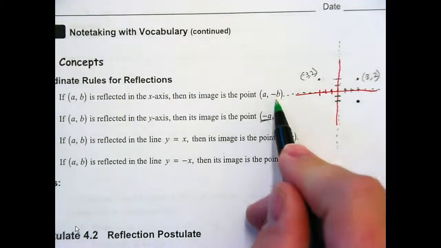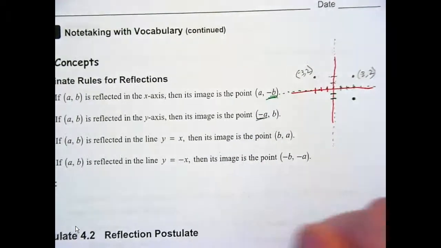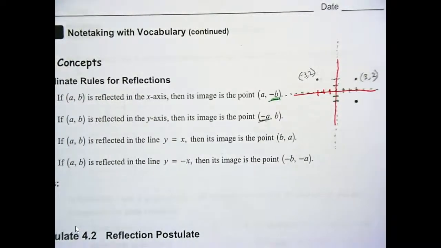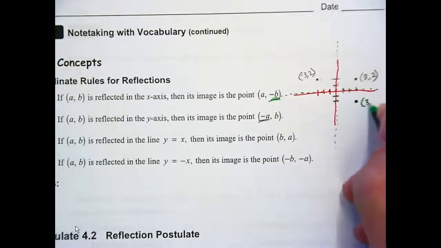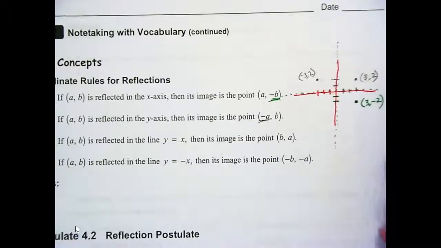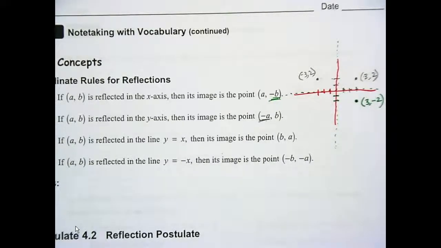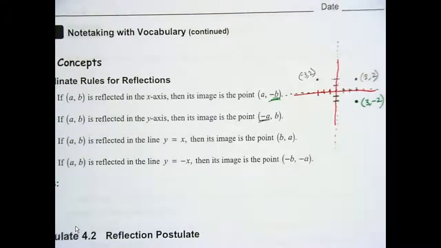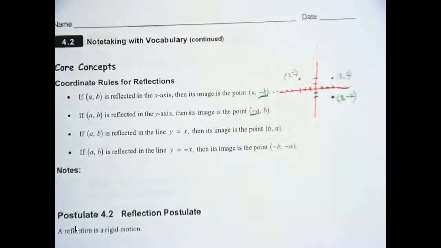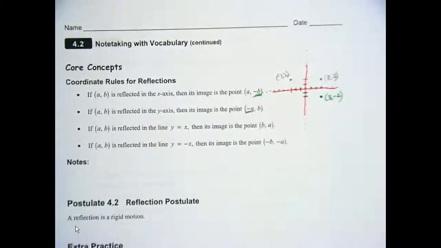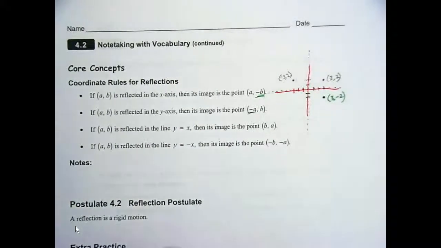Therefore you're changing your y value. If you reflect it over one axis and then the other, that would be a composition. We'll talk about that when we do rotations. If AB is reflected over the line y equals x, everyone show your neighbor on a grid where y equals x is.